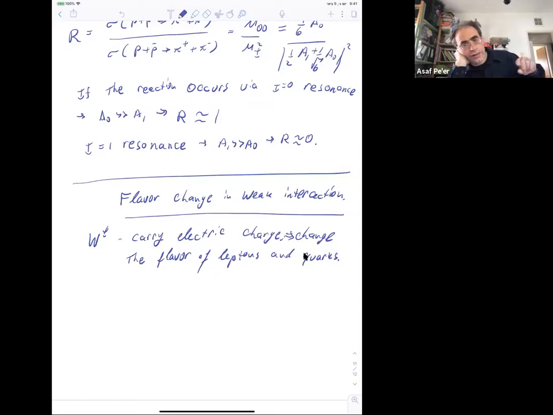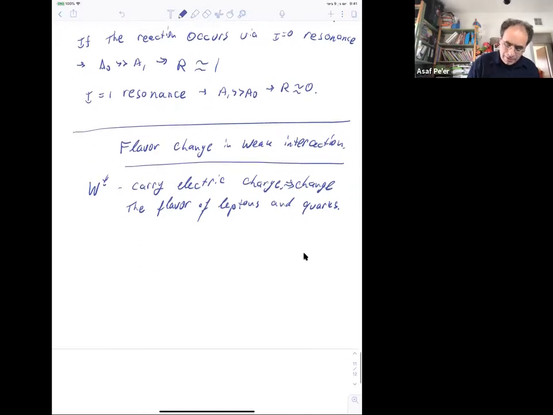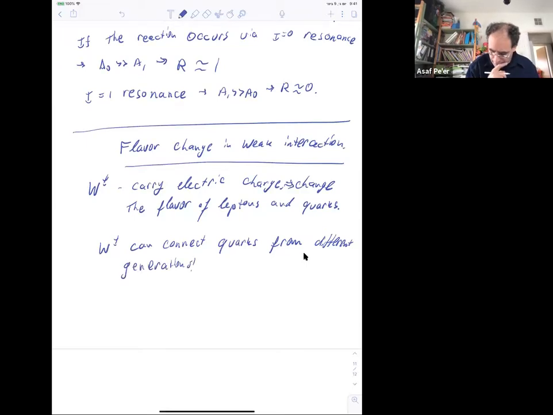Now, when you're connecting W plus-minus to a lepton, the lepton family number is conserved. But there is no such constraint with the quarks. So the W plus-minus can connect quarks from different generations, but not leptons.